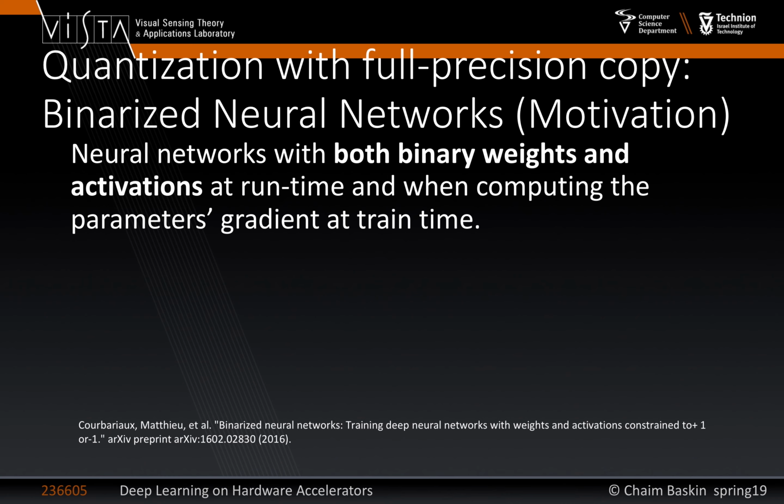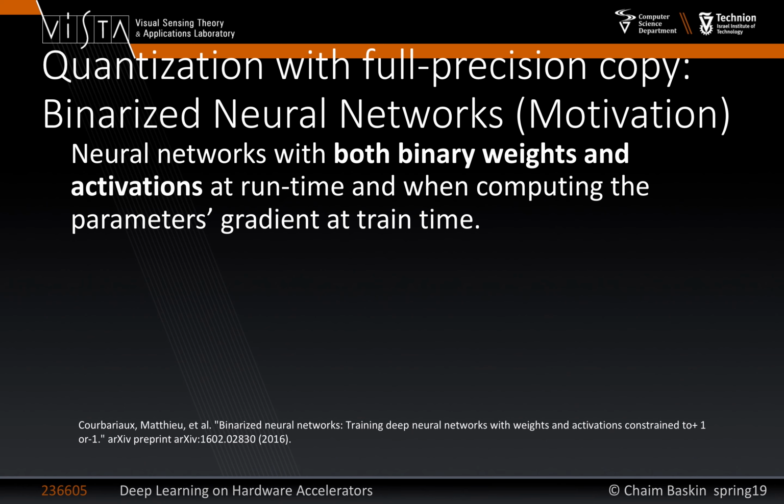The prime motivation is neural networks with binary weights. Now I will present the follow-up work, where they do not only binarize weights, but also activations. So the whole pipeline in the feed forward is done by summing numbers.